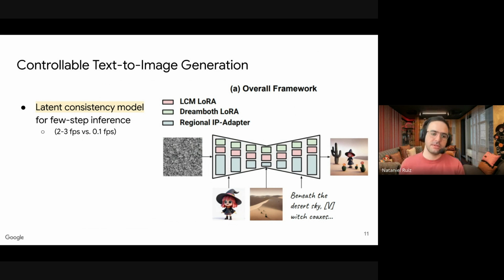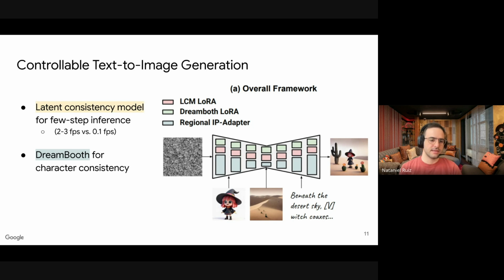So how we do this is, first of all, to do fast generation, we have an LCM model, a latent consistency model, for SD 1.5, I think we were using. That is 2 to 3 frames per second versus 0.1 frames per second, which is very slow, right? So at least now we have something that's faster, that can give kind of real-time updates, although the quality is less. So hopefully in the future we see an improvement there.